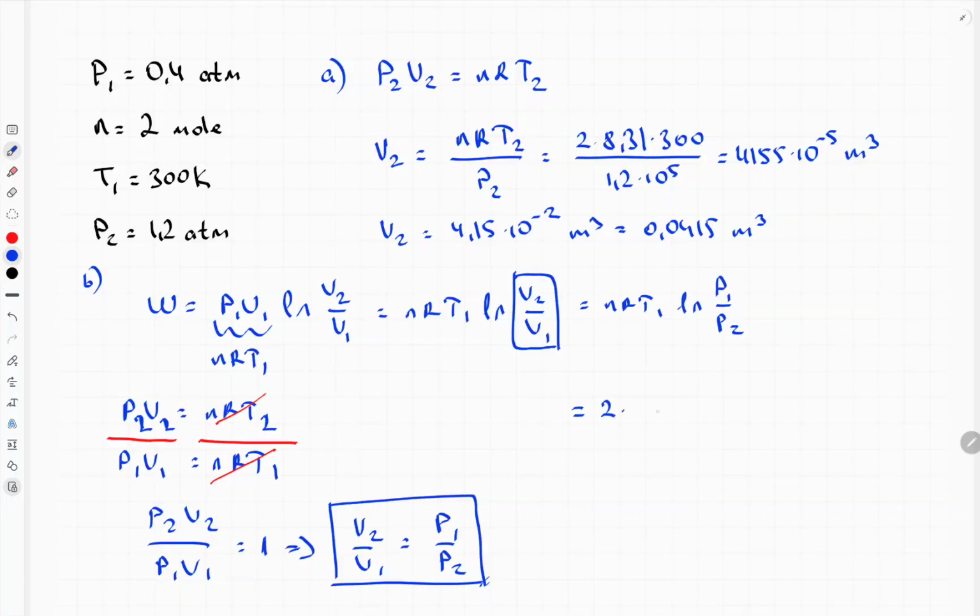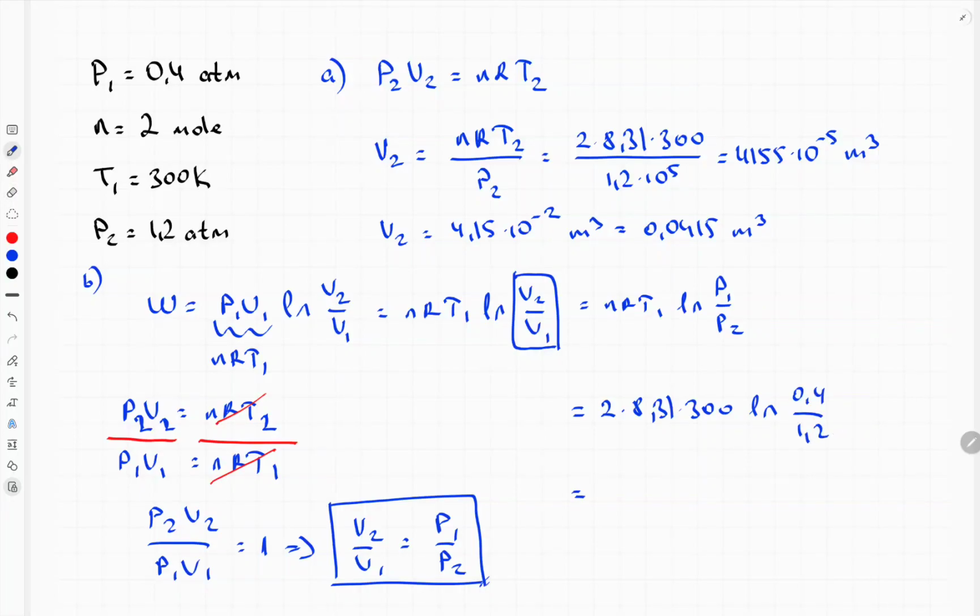So W = 2 times 8.31 times temperature 300 times ln of P1 over P2, where the final pressure equals 1.2 and the initial pressure 0.4. Sorry, P1 equals 0.4, there is a small mistake.